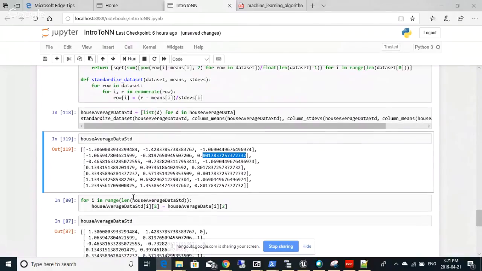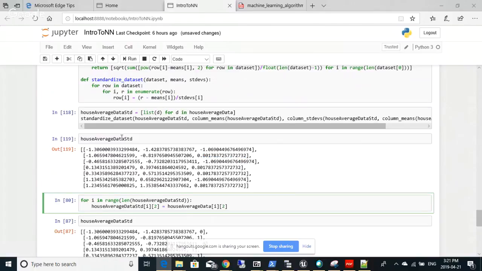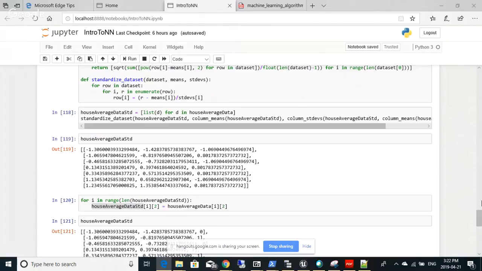So there were 2 ways to do it. Either I preserve it or I just put it back, which is what I decided to do. I took the average house data and put it back in here. Right. So now you can see where it is average or not is here.